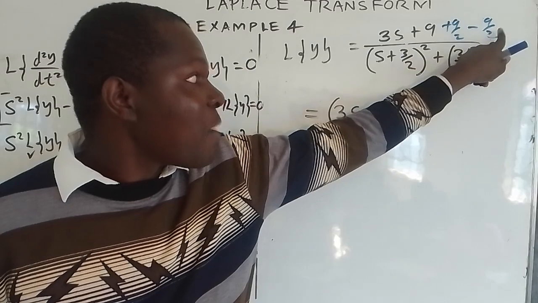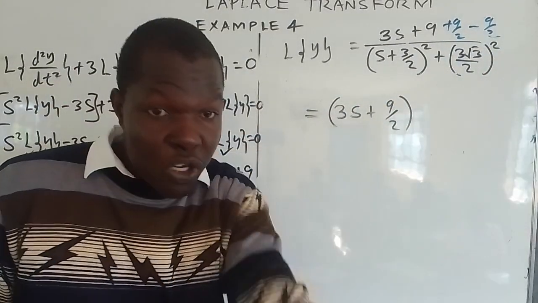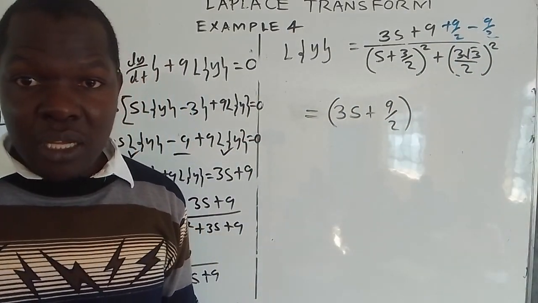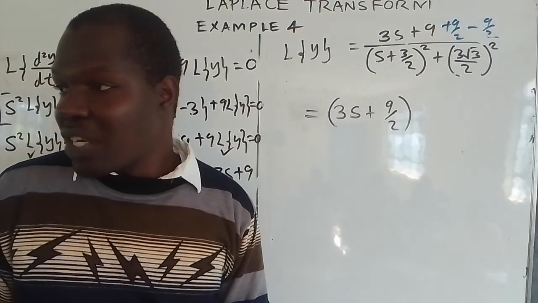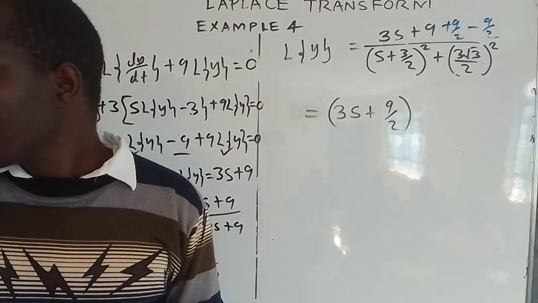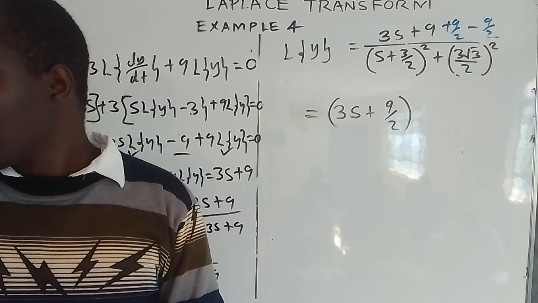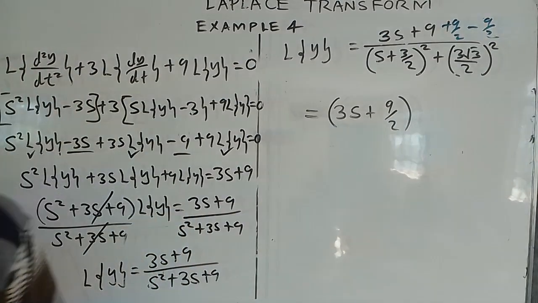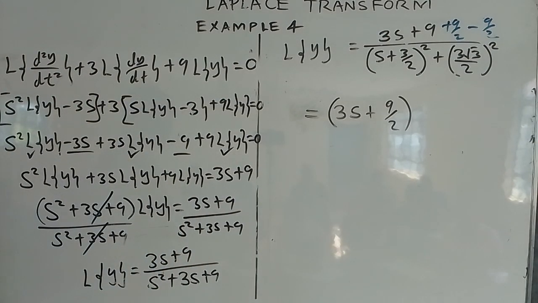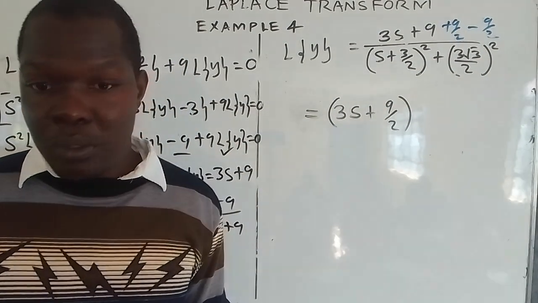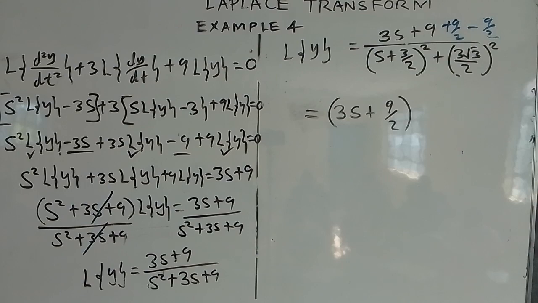This plus 9 and minus 9, those are constants, remain on their own, isn't it? Are we together? So plus 9 minus 9 over 2 is? What do you get there? 9 over 2.